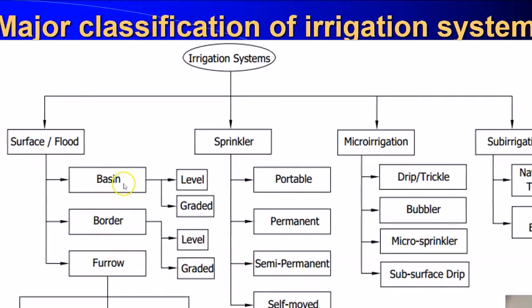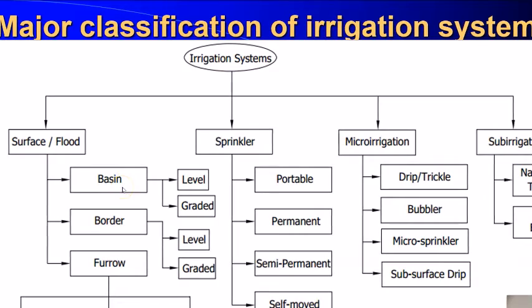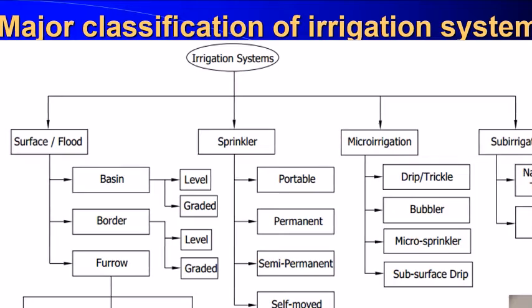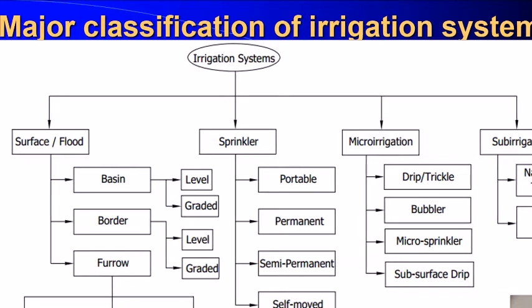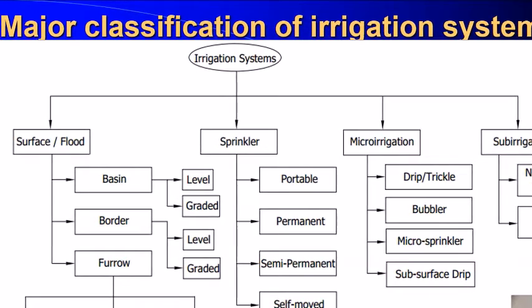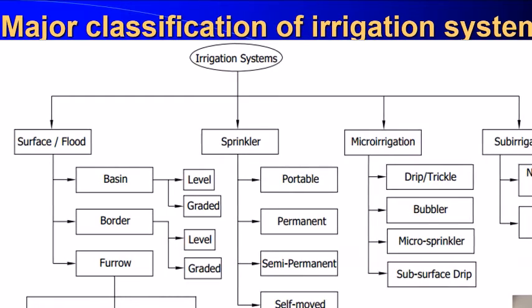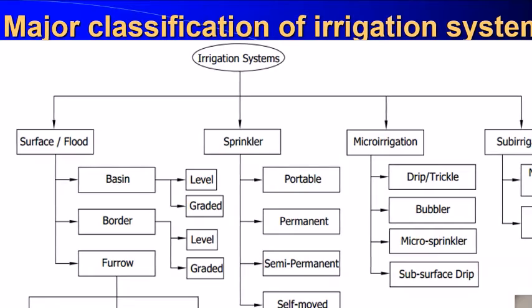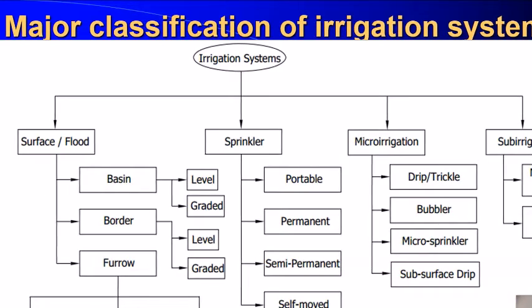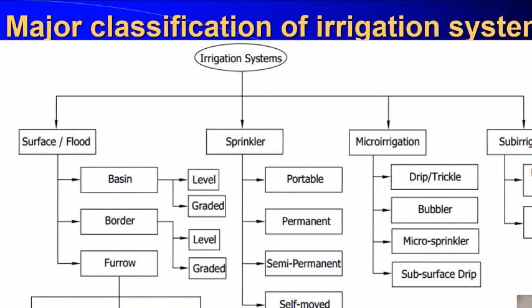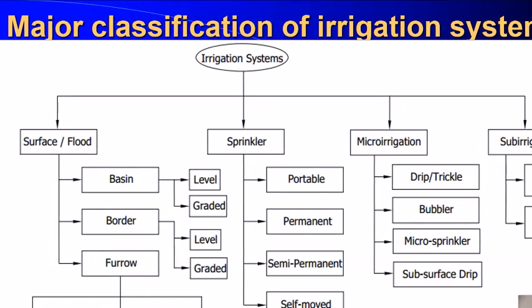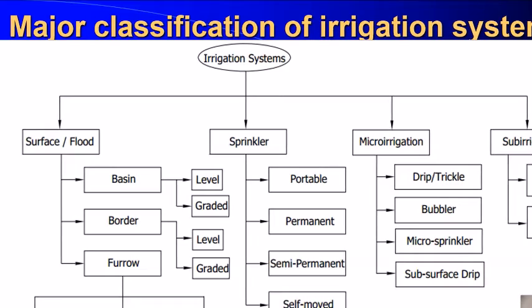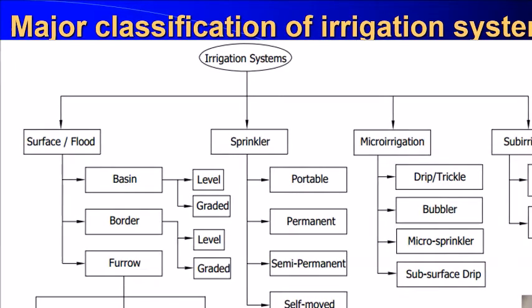Under basin we have two methods, level basin and graded basin. A level basin has zero slope, while a graded basin has some level of slope, so that when you introduce water from one side of the basin, it goes down to the other side.